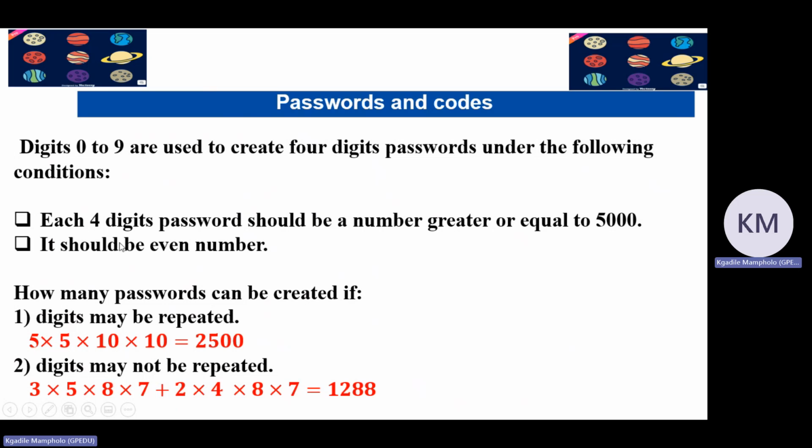Now this other 5: for any number to be even, it must end with an even number. So it must end with one of the numbers 0, 2, 4, 6, and 8.